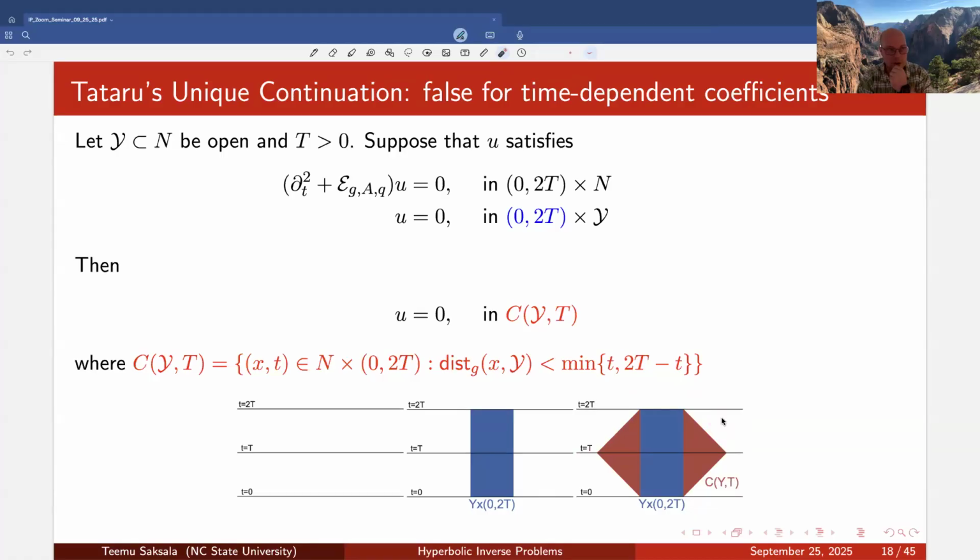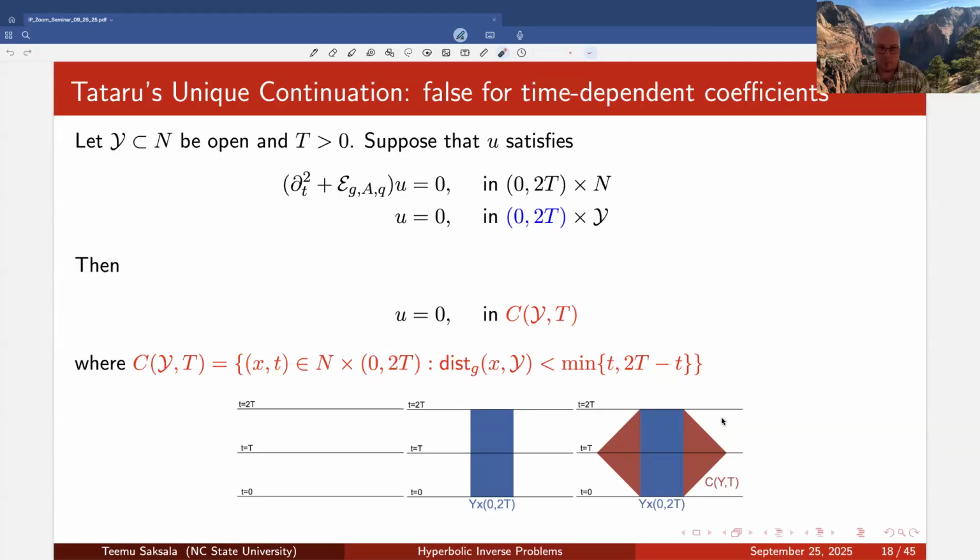Something I want to mention about this result is that it really depends on the fact that all my coefficients, the metric g, the vector potential A, and the scalar potential q, are all time independent. This result is known to break if some of my coefficients depend on time.